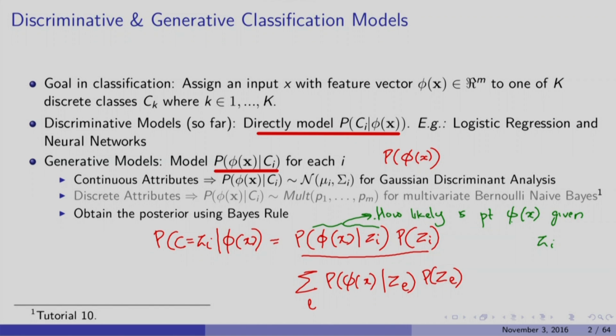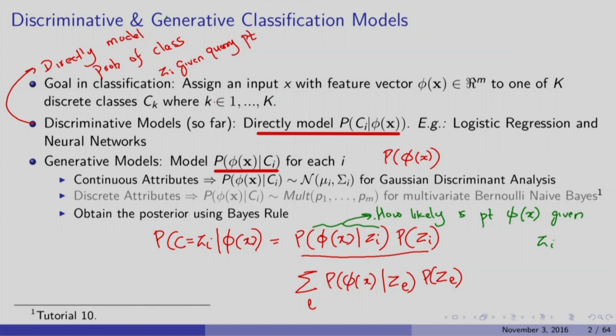On the other hand, discriminative models directly model the probability of the class given the query point. In the rest of the discussion we will use Ci and Zi interchangeably.